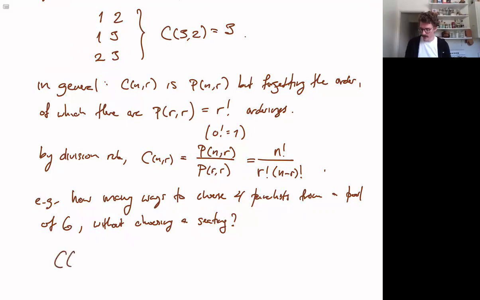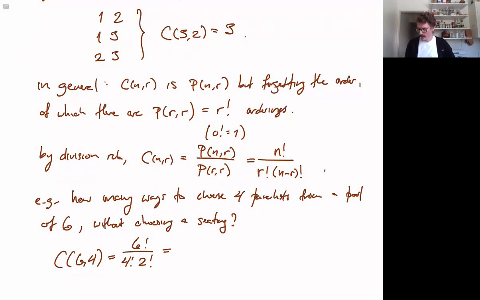So this is C(6,4), which is 6 factorial over 4 factorial times (6 minus 4) factorial, which is 2 factorial. So if you're ever faced with evaluating something like this, you will quite possibly figure this rule out on your own very fast. But a good thing to do is to cancel some of your factorials as much as you can.